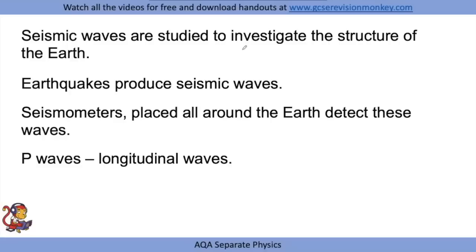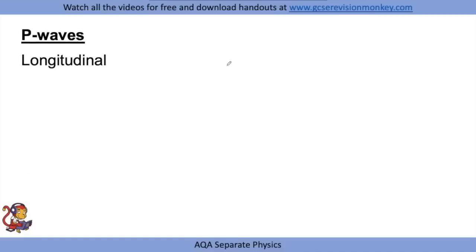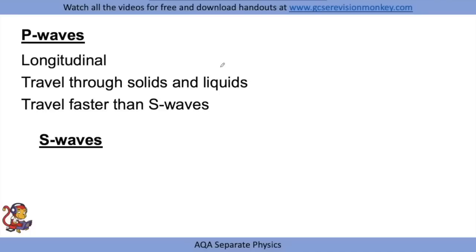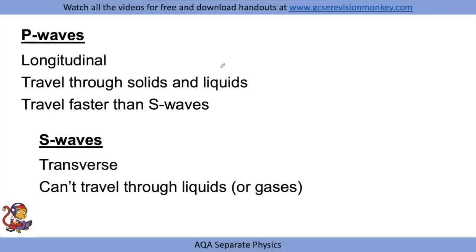There are P waves, which are longitudinal waves, and there are S waves, which are transverse waves. P waves are longitudinal, they travel through solids and liquids, and they travel faster than S waves. And S waves are transverse, they can't travel through liquids or gases, and they travel much slower than P waves.